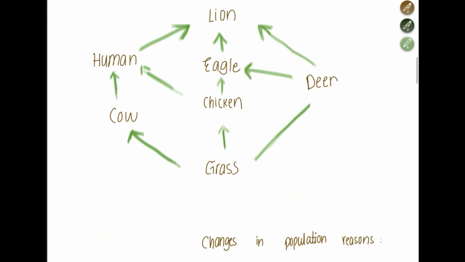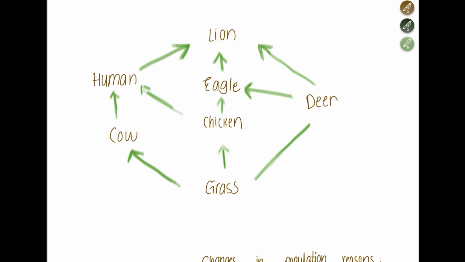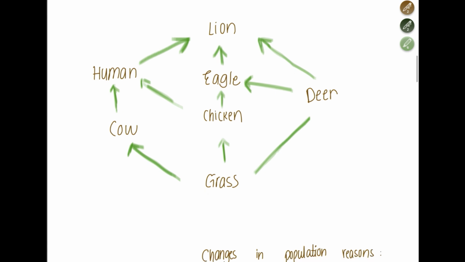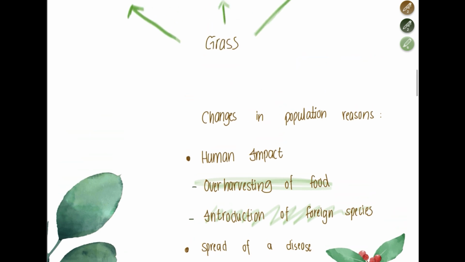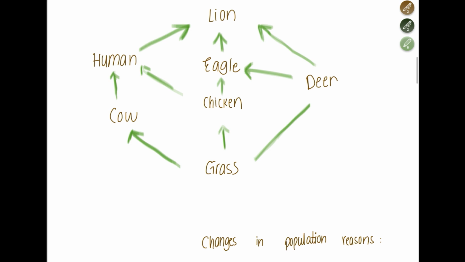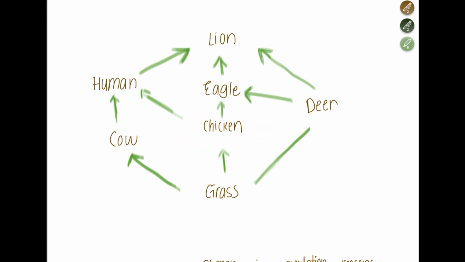Don't say that they will finish completely, just say whether it will increase or decrease. Okay, and then also spread of a disease. If a contagious disease spreads, for example, if a virus spreads in the population of chicken, many of the chicken would die out, and that is going to reduce the population of chicken.